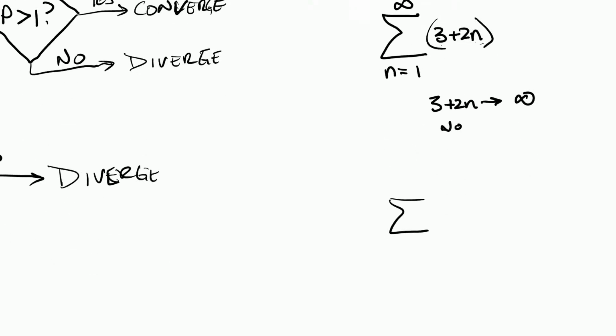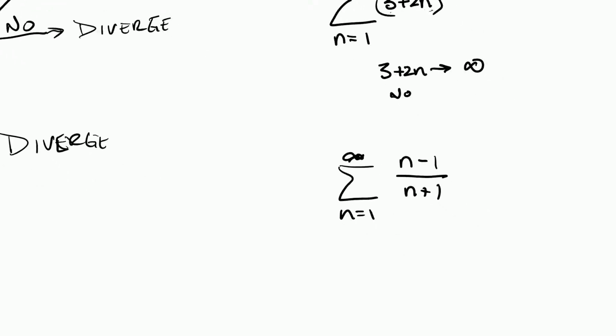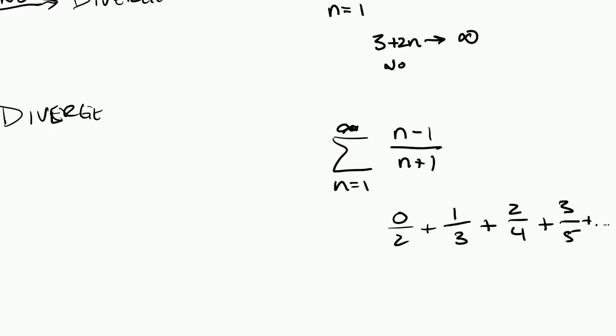Let's try this: the sum of n minus 1 over n plus 1, with n going from 1 to infinity. Then I'm adding 0 over 2 plus 1 over 3 plus 2 over 4, you see the pattern now probably, plus a bunch of dots.